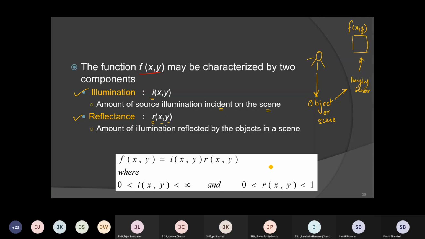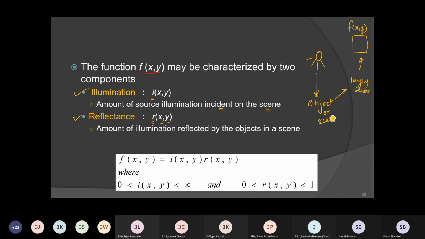If this is the case, then reflectance r would be 0. Correct? Total absorption. And if there is total reflectance, if everything is being reflected, nothing is being absorbed, then it is 1. Total reflection or total reflectance.